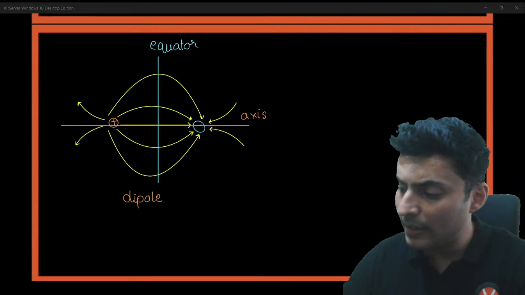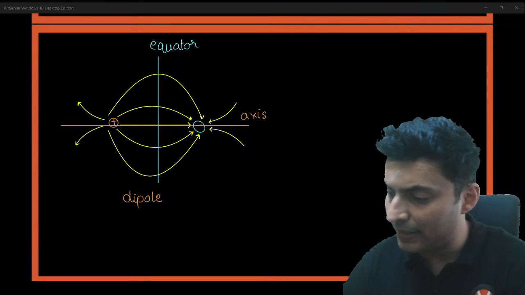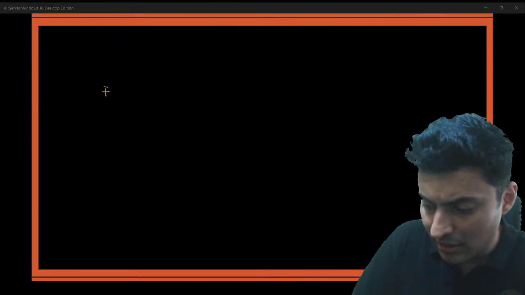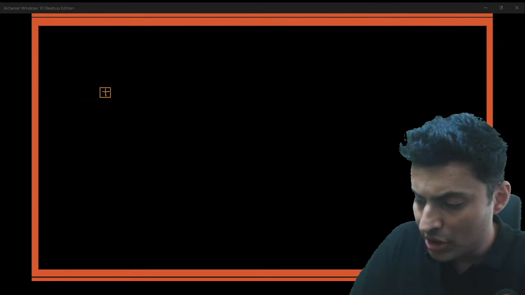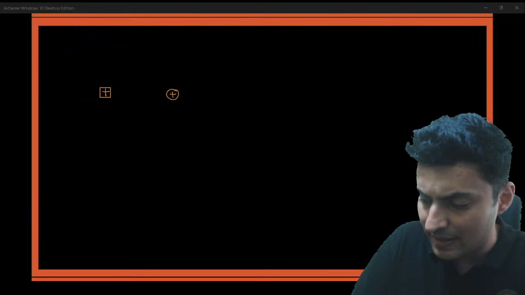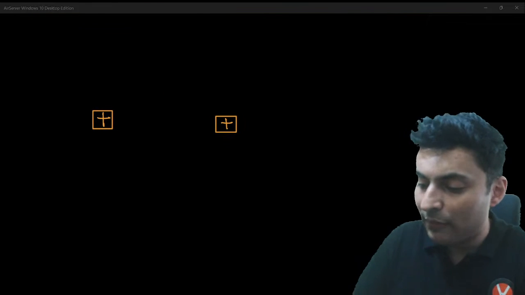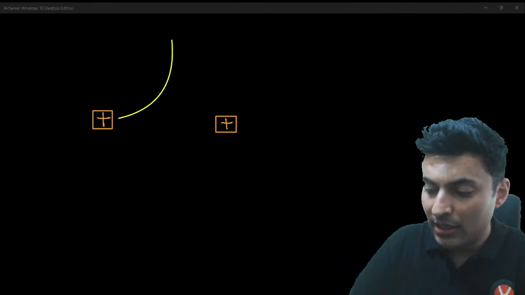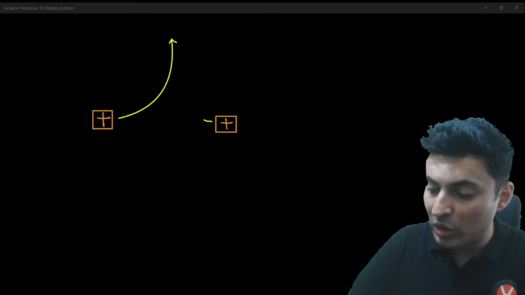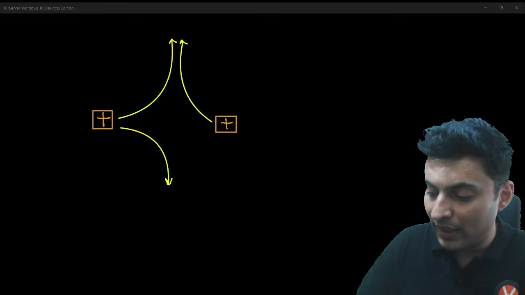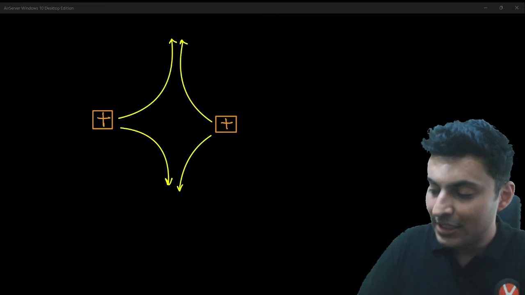Similarly, suppose you have just two positive charges, and the graph is also to be drawn. Then how will the field lines look? They will repel from each other. They will not end anywhere because both are positive. They will start from the positive charges and go until infinity.